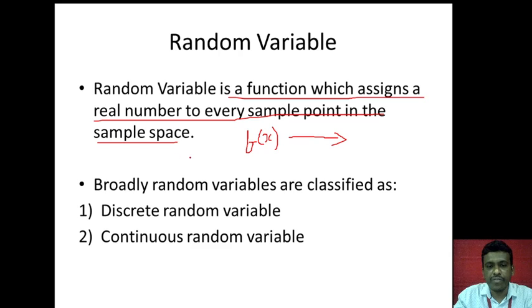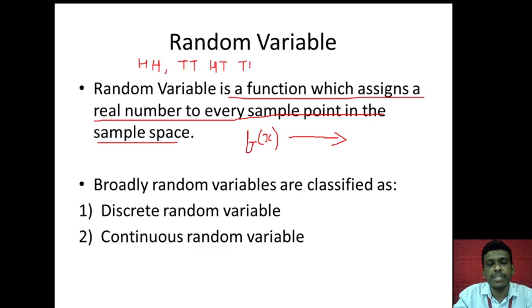Now example for this: suppose you toss a coin, okay, what are the possible outcomes? The possible outcomes I am writing there at the top. So your sample space will be HH, TT, HT and TH, right?